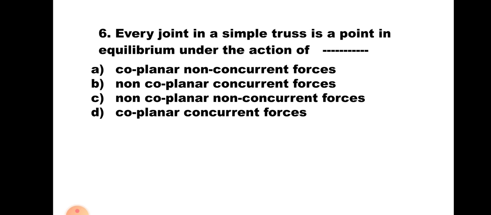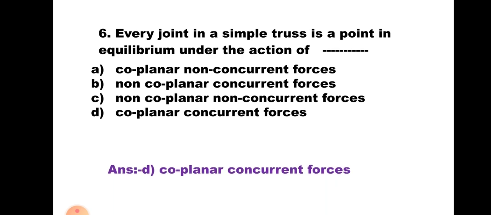Now, if you draw the free body diagram of a joint showing all the members meeting at that joint, all those forces are meeting at a point, so they are concurrent forces. Hence, the correct answer is D, coplanar concurrent forces, because it is a plane truss, so all the forces are in one plane, so they are coplanar concurrent forces.